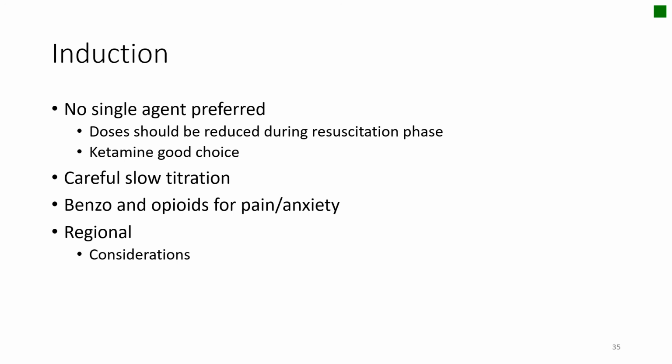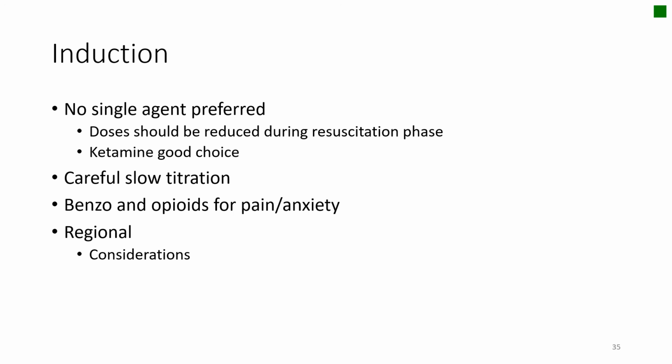Regional considerations. Again, regional is usually used for procedures confined to small areas, such as an extremity, or for surgery during the reconstructive phase. In children, regional anesthesia is sometimes a viable option for post-op analgesia, and so caudal or epidural techniques have been used for debridement of the lower extremities or harvesting skin grafts.